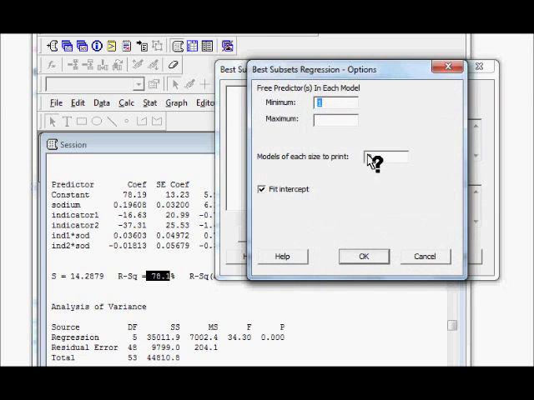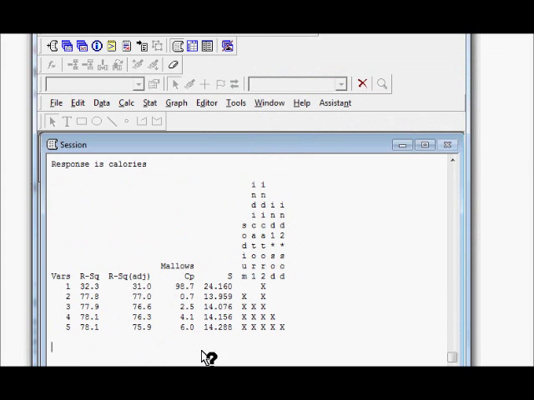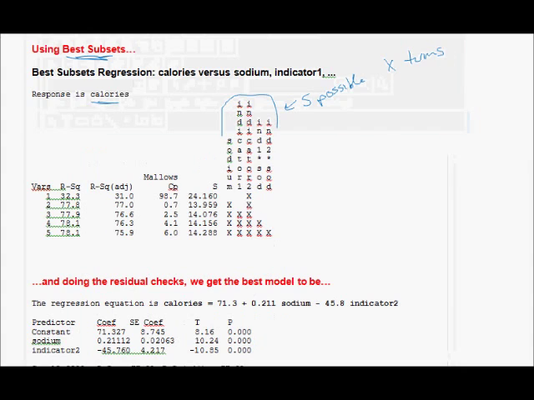And under options, just choose the best model of each size. Click OK, click OK. This is what I have on the handout. Just our best subsets. So best subsets, we know kind of how to do that, right? Best subsets tells us to look for the highest R squared adjusted.